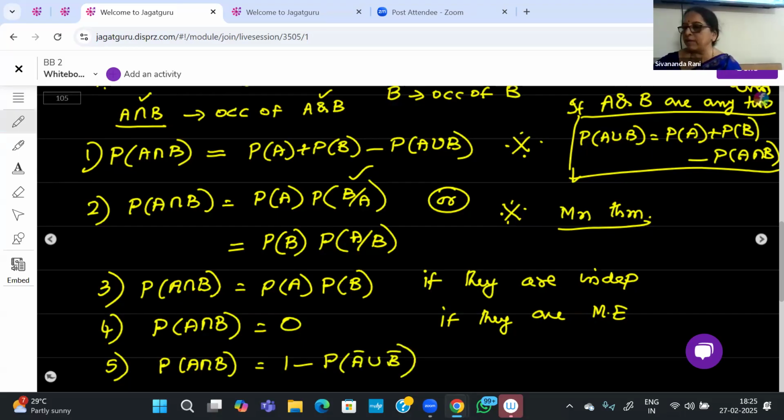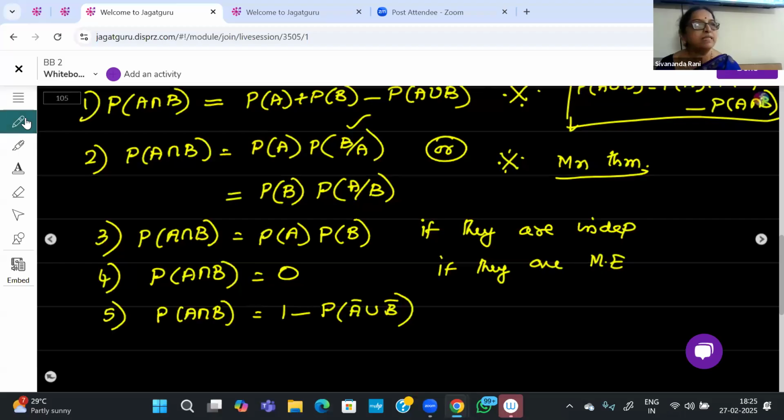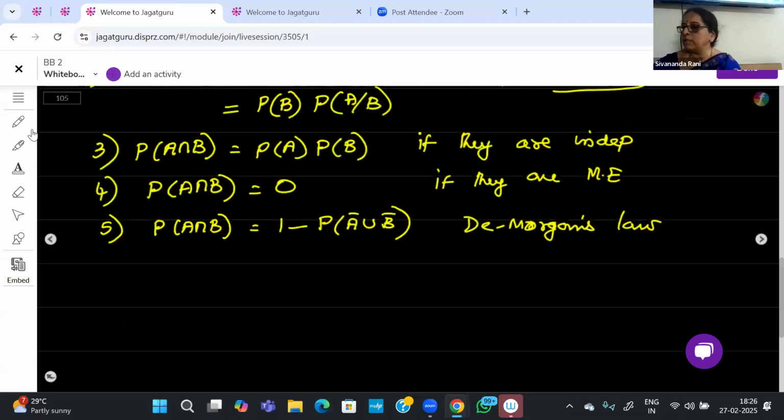I said intersection, it should be union, right? Yes, it should be the union. This is backed by one of the De Morgan's laws. So this is all about intersection.